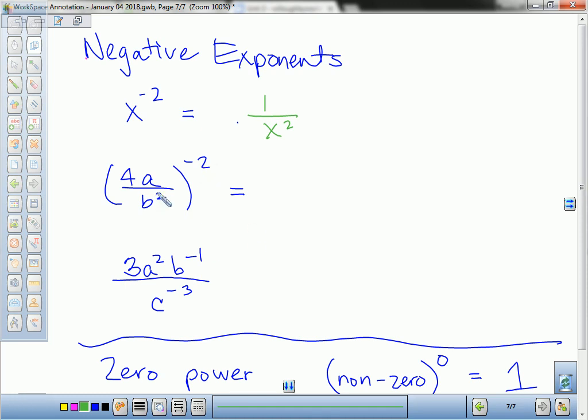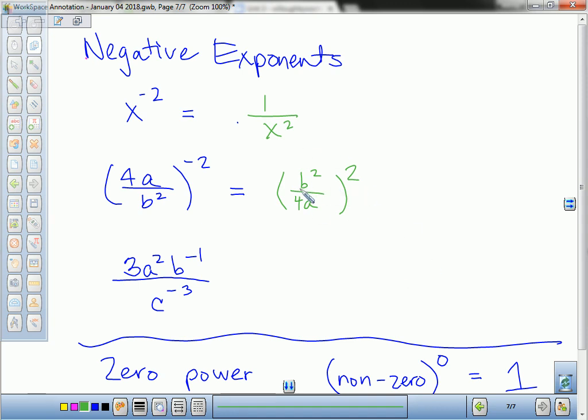So in the second one, what would happen is the first thing we do is flip this entire fraction. The reciprocal of 4a over b squared is b squared over 4a. And now it's to the positive second power. And that's the way we eliminate a negative exponent. Negative exponent just tells us to do the reciprocal.